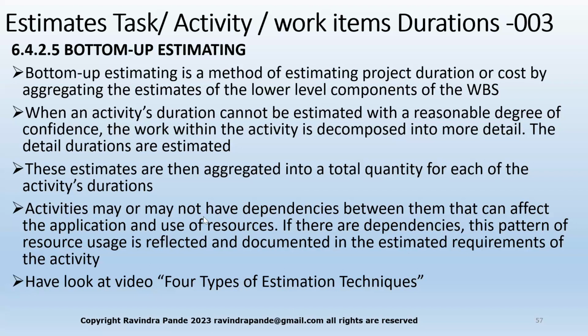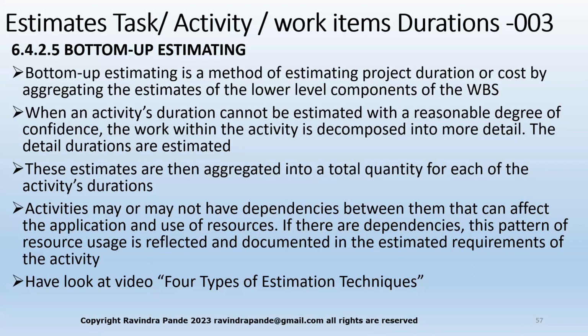Again, this has to do mostly with the gut feeling. So we might average out, or we might use the 3-point or 5-point estimation also. These estimates are then aggregated into total quantity for each of the activity durations, and then we mention the group activity duration. The activities may or may not have dependencies between them that can affect the use of resources.